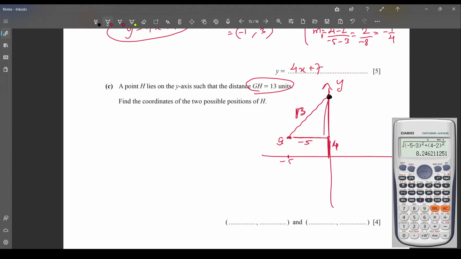So I want to find out this one using the Pythagoras theorem.